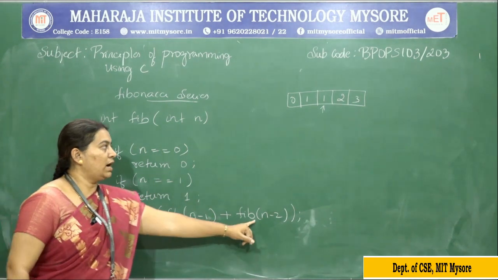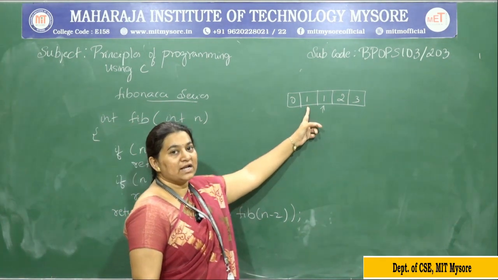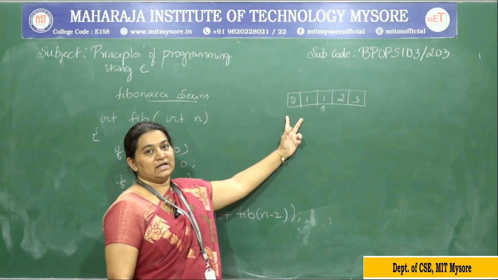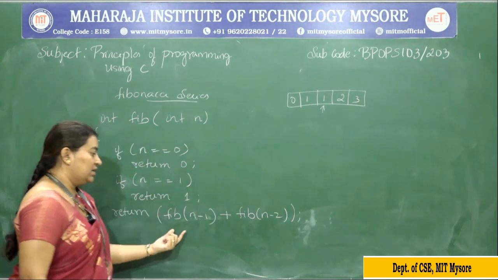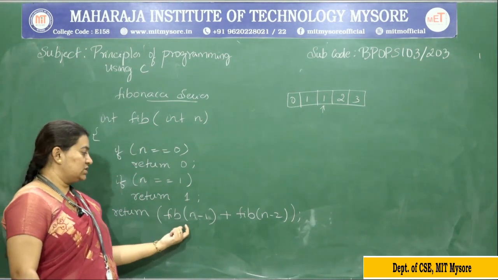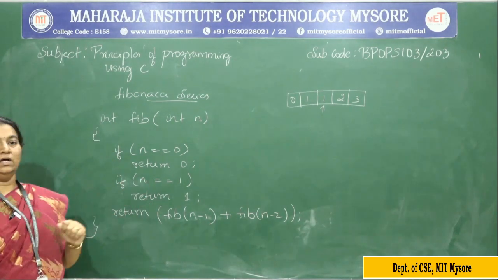Why these two? I have to add two preceding numbers. The first preceding number I get by minusing 1, and the second preceding number I get from minus 2. But I have to call the function itself, right? So this is how your Fibonacci function will be written.